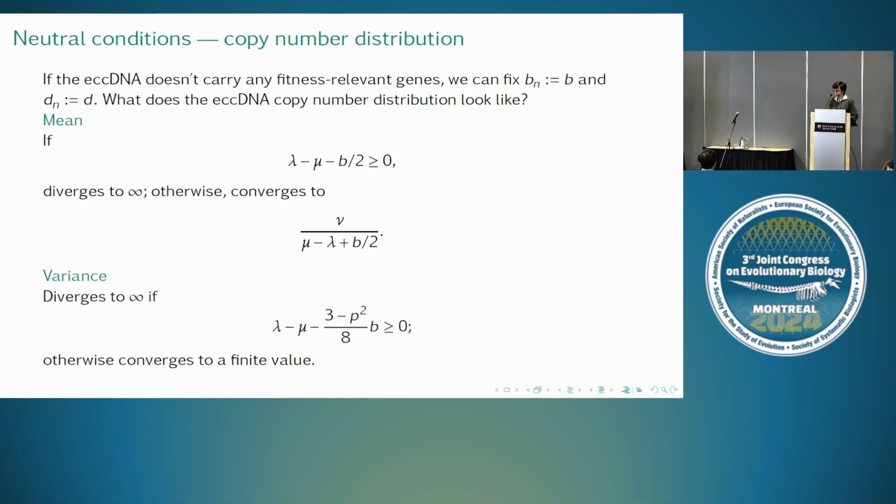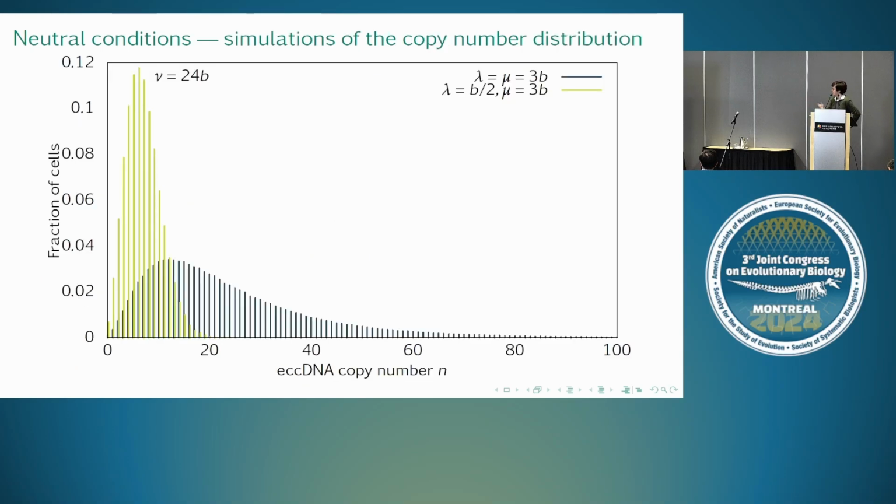So we can look now at simulations and see what the long-term stable distribution of ECCDNA copies will look like in full, not just looking at moments. And it looks like this lovely thing. This is for two slightly different values of the mean of the distribution. We get a very typical long right-tailed distribution.